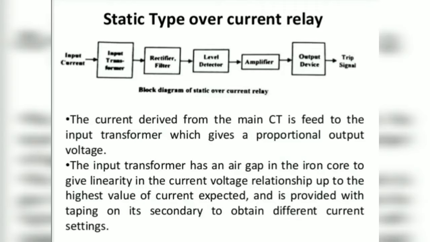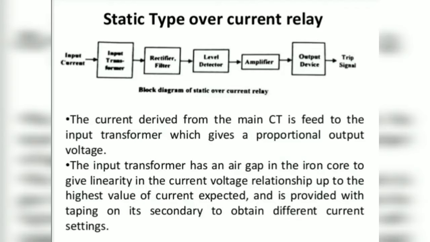A Zener diode is also incorporated in the circuit to limit the rectified voltage to a safe value even when the input current is very high under fault condition. So we use the Zener diode at the rectification stage to avoid overvoltage. It will fix the voltage by using the Zener diode.